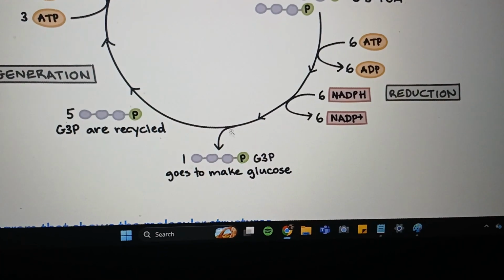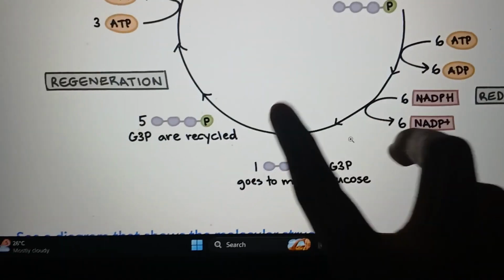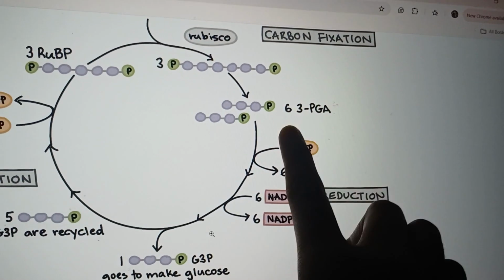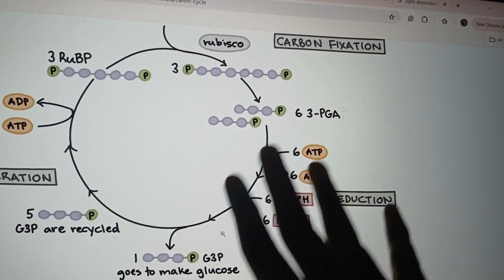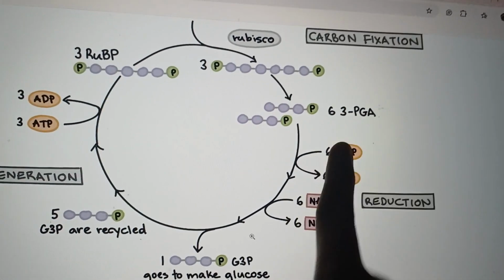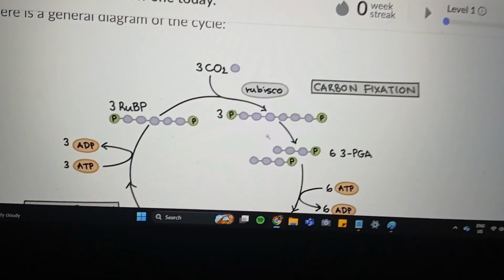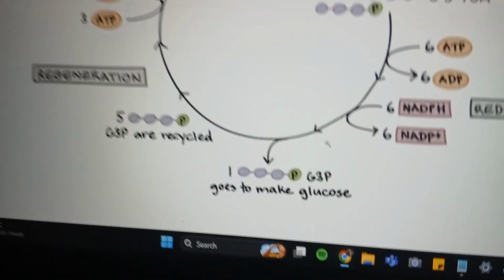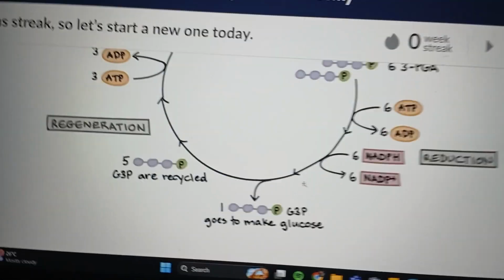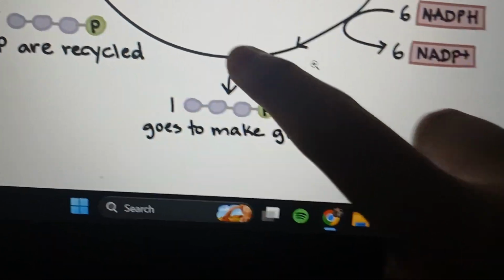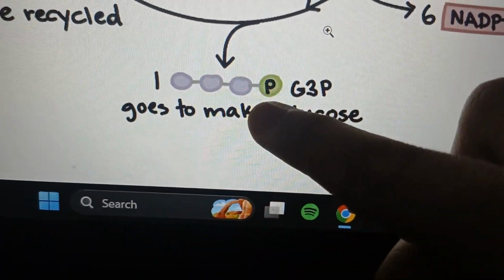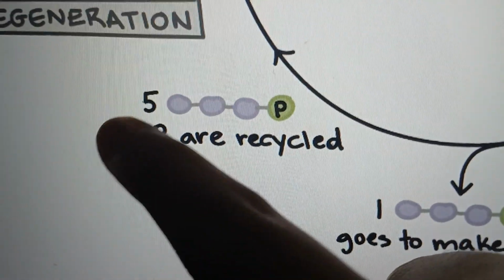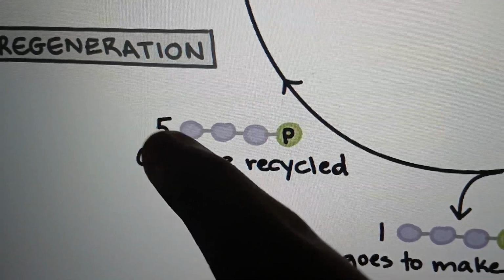Since there were 6, this is now the reduction. We're skipping that because what we're focusing on here is the numbers. So 3 of these got removed, and then here we have 5 of these.